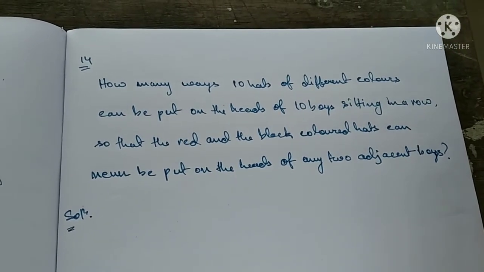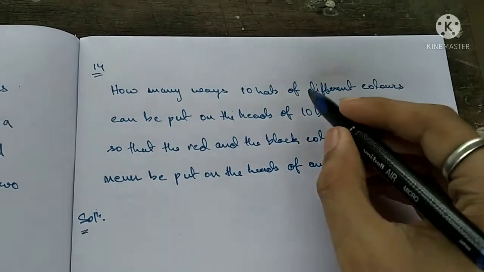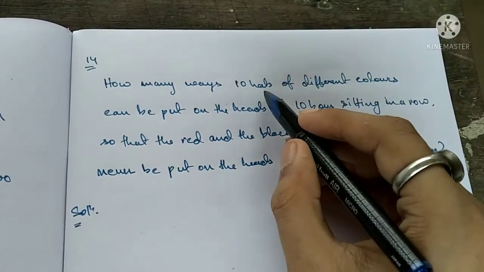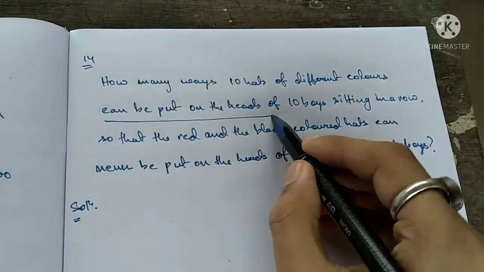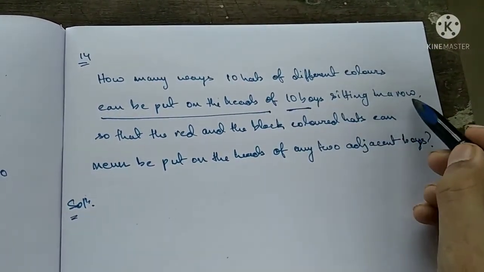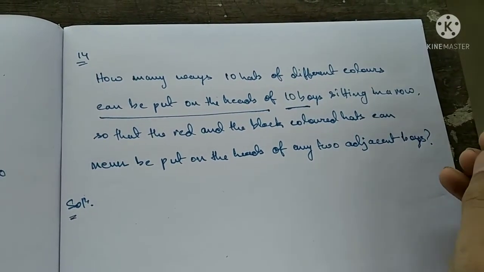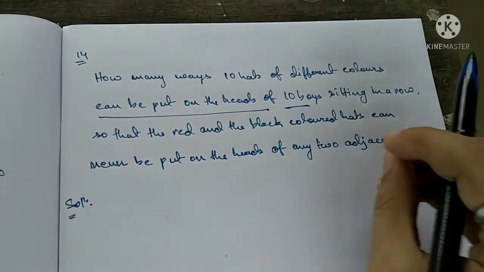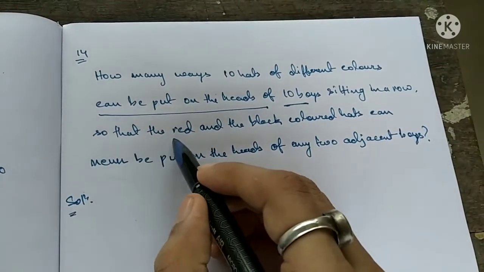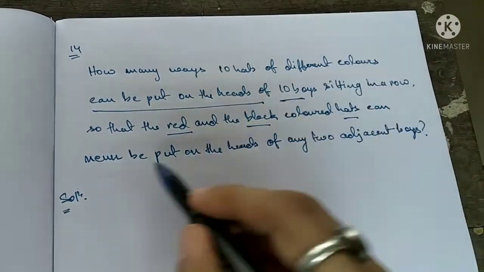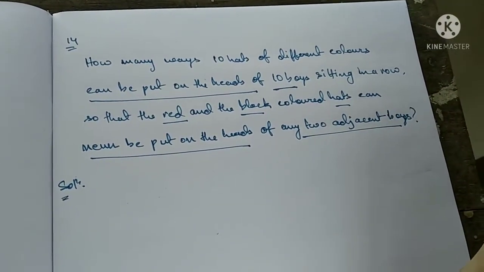So next, this is question number 14. How many ways can 10 hats of different colors be put on the heads of 10 boys sitting in a row, so that the red and the black colored hats can never be put on the heads of any two adjacent boys?